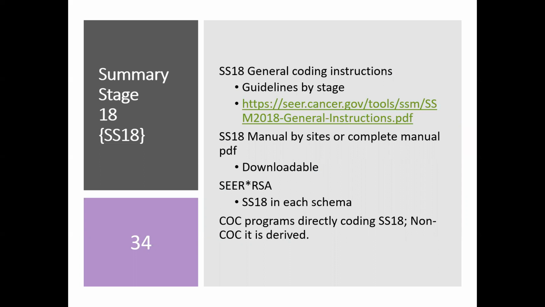If you are in a non-COC program, it is derived. It is very easy to look up your Summary Stage. So again, don't guess, don't try to figure it out from your TNM and your EOD. Quickly pull up the manual and just look and see what your Summary Stage is.